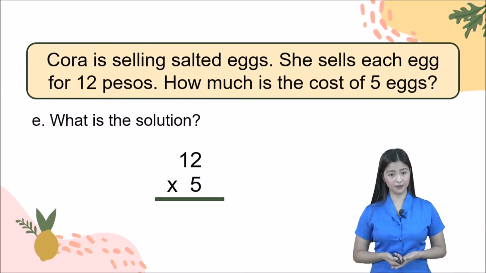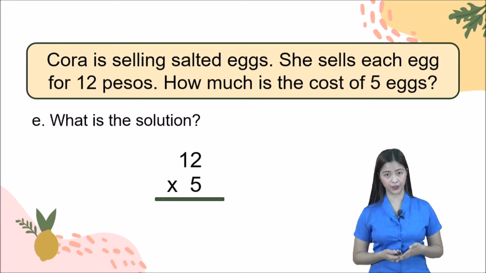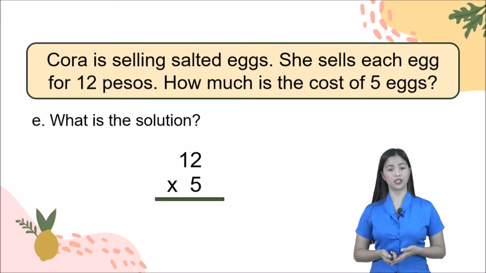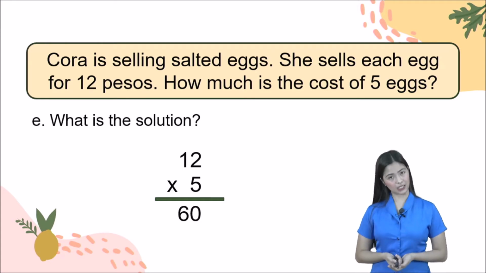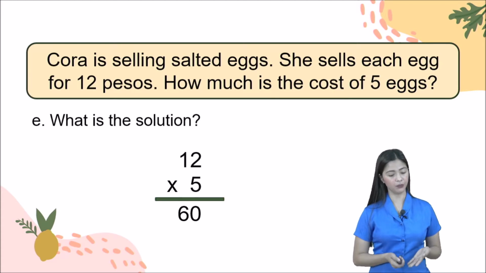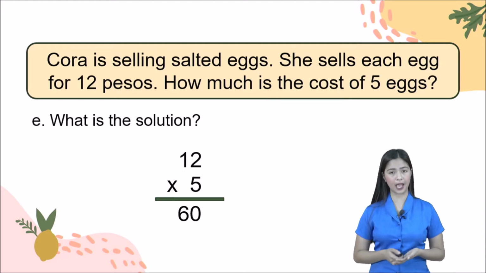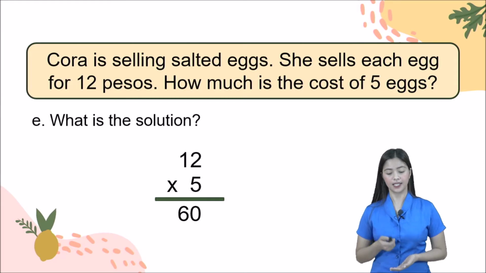So 10, let's bring down 0 and put 1 at the top of the other one. And 5 times 1 is equal to 5, plus 1. So we have the total of 60 pesos. Okay, kids? Again, the solution is 12 times 5 equals 60.